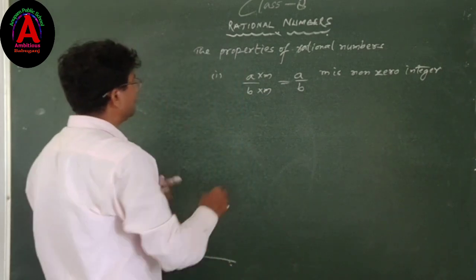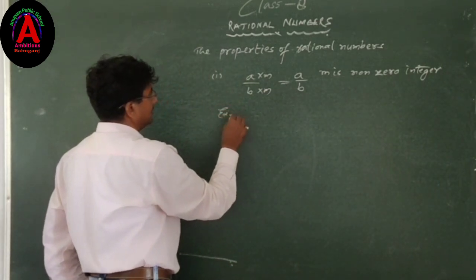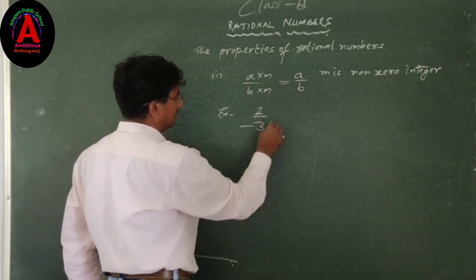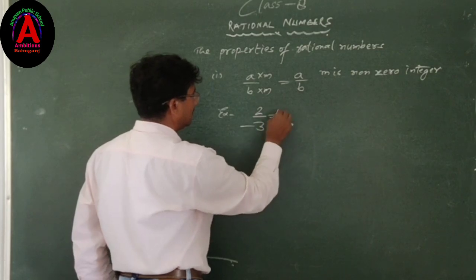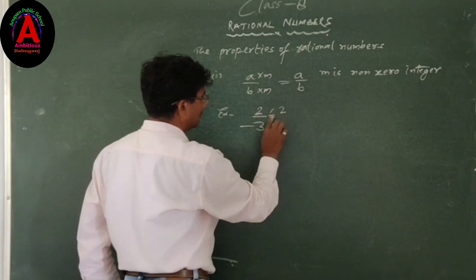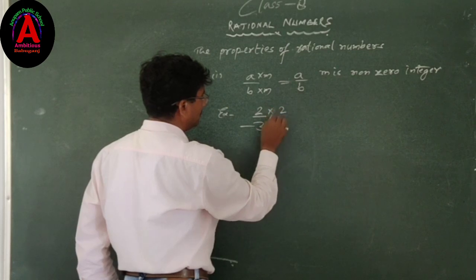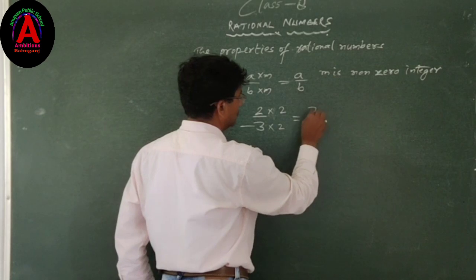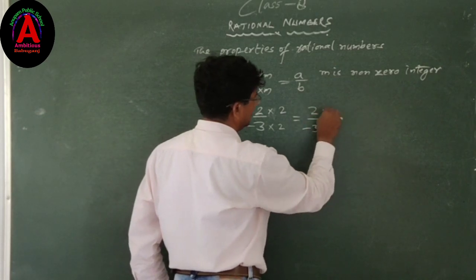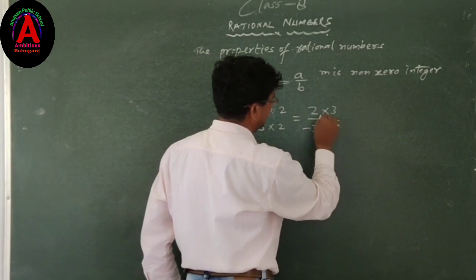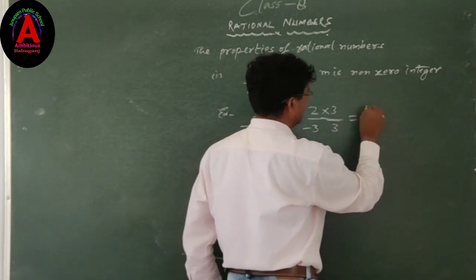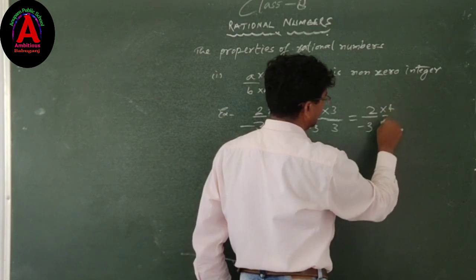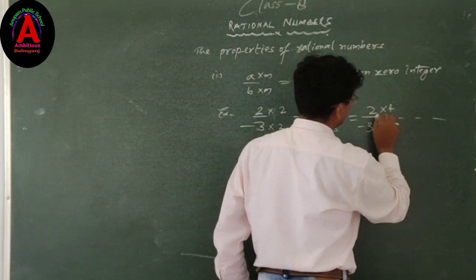Suppose an example is 2 by minus 3. Multiplying numerator and denominator by 2 gives 2 into 2, then by 3, then by 4, and so on.